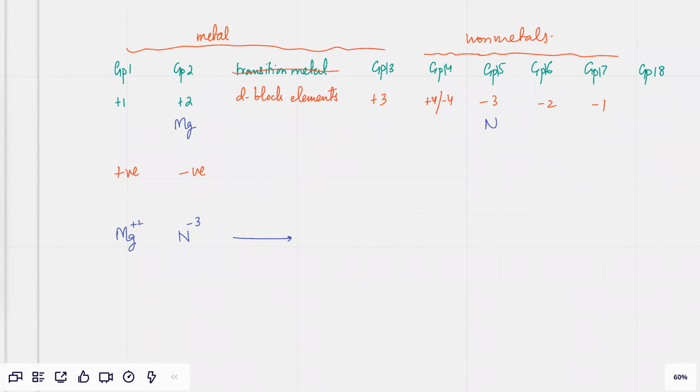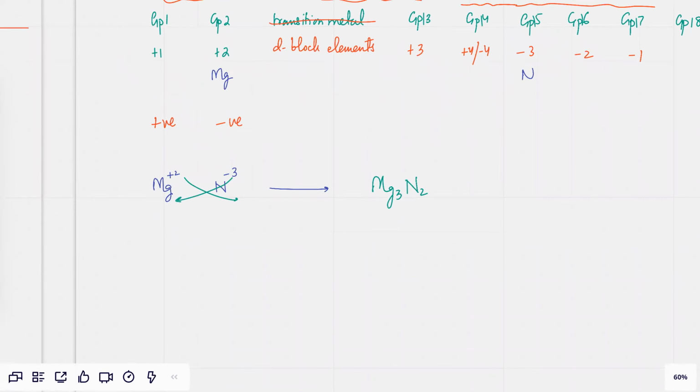So remember in O levels, you have studied this. That's basic crisscross. What happens is that this 3 goes over here and this 2 goes over here. If anyone has any questions about this, is this clear? Yes. So it's going to be Mg3N2. That's going to be the formula of this ionic compound. That's known as crisscross. You always do that.